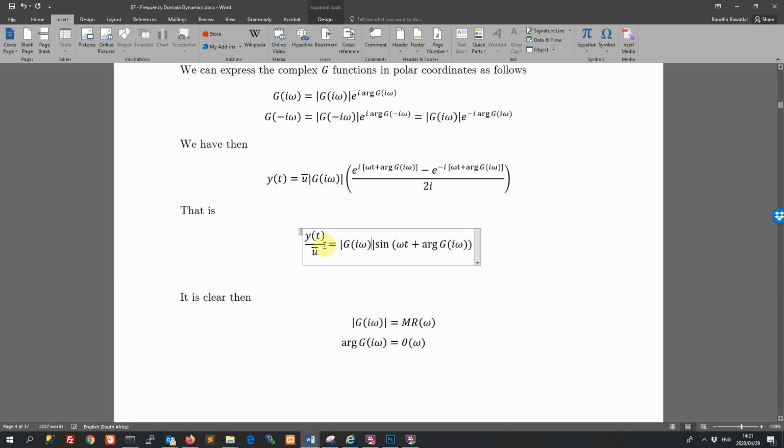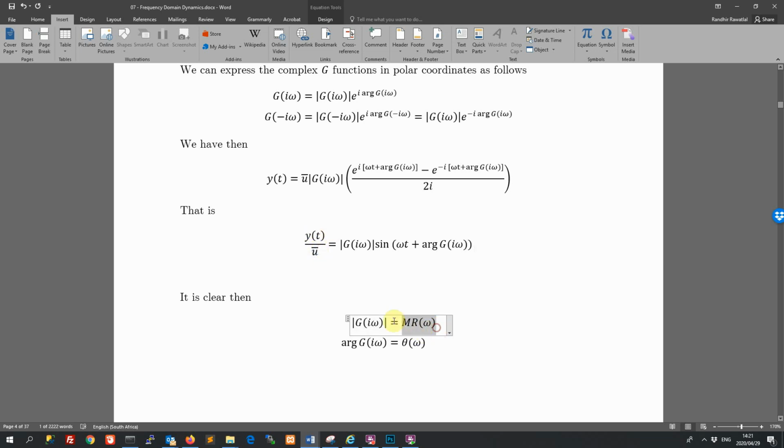And so from this, we can see here that our response, our magnitude ratio, that's what this is. We have some amplitude of y, and if we divide that by the steady state value for the input, that's going to give us our amplitude ratio or magnitude ratio.